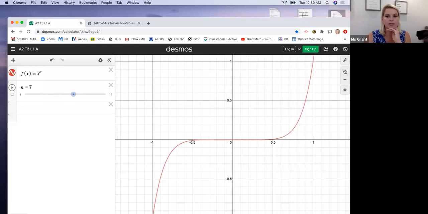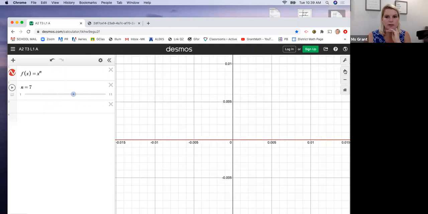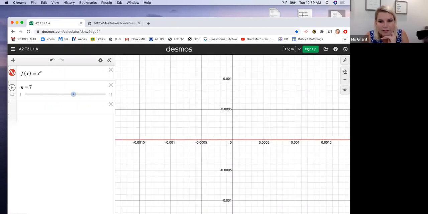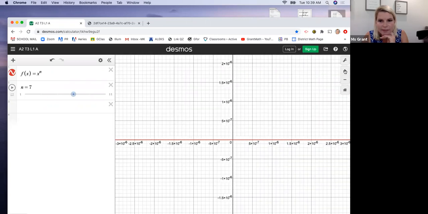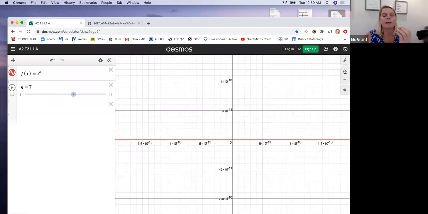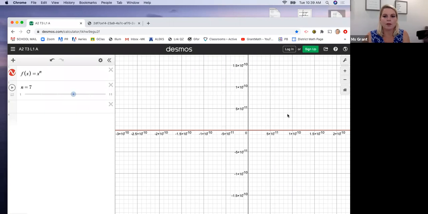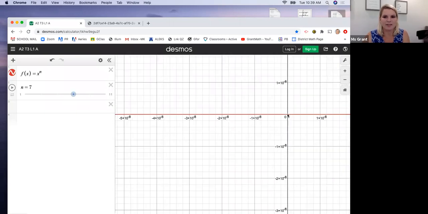Now, let me zoom in and show you what this looks like. My point is that this red line gets super close to the x-axis, but it never touches.